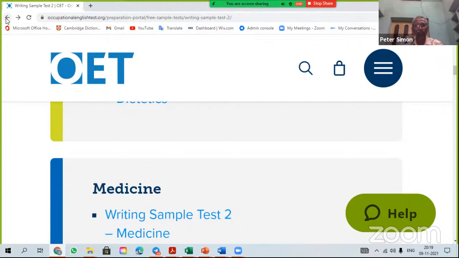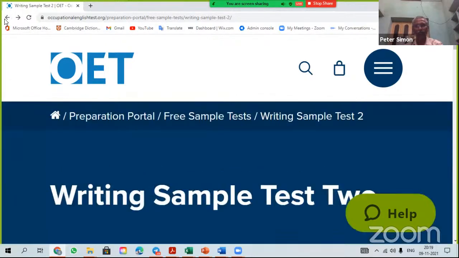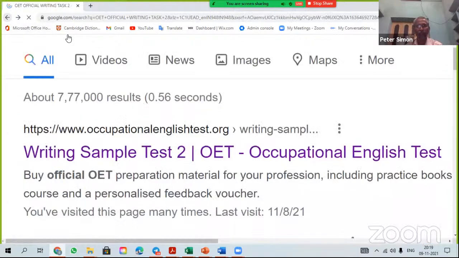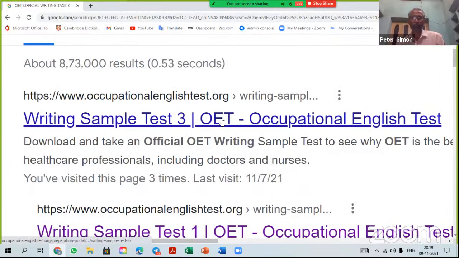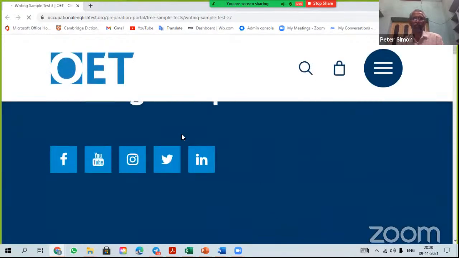Task 3. So here it is. All the letters I am putting here with the sample letters.